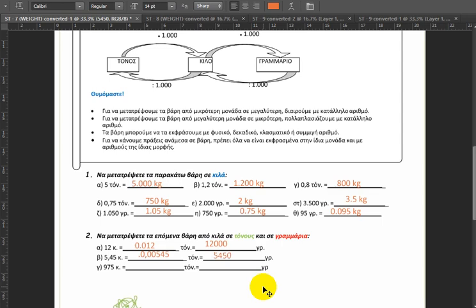Next up, 975 kilograms into tons would give me 0.975 tons, and into grams that would be 975,000. Yeah. So that's exercise 7.